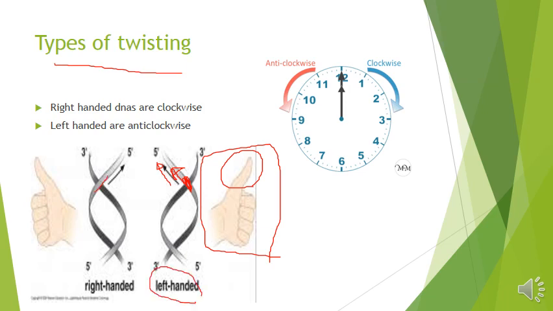But for this strand which is passing over the other strand, if we follow it with our right thumb, it is pointing toward the right, so this is right-handed DNA.